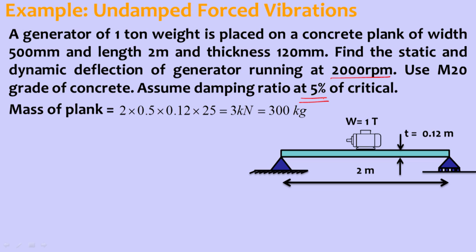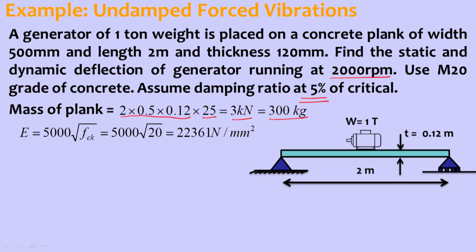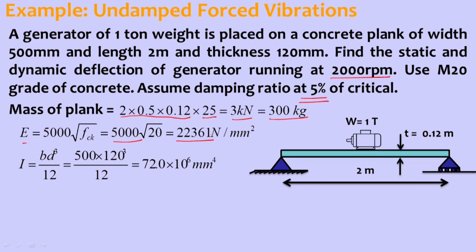So if we find the mass of the plank, from the volume of the concrete plank and the density of the concrete, that gives us weight 3 kilonewton, which is equal to 300 kg. Then the modulus of elasticity is 5000 under root fck, which is 22,361 Newton per millimeter square, and moment of inertia I is equal to bd cube by 12.